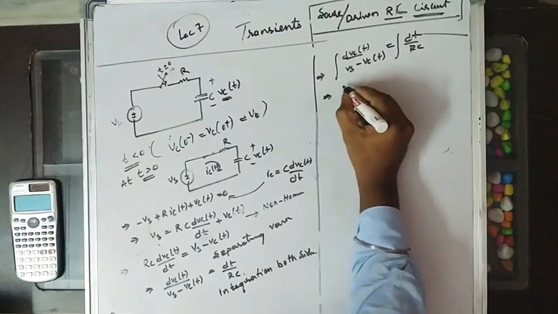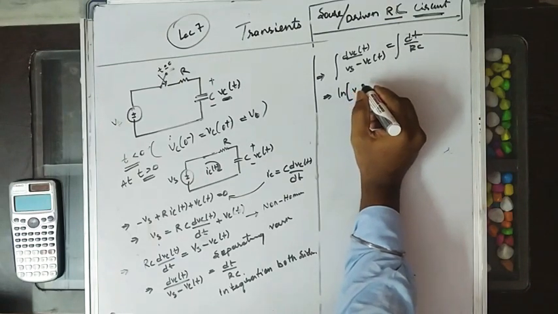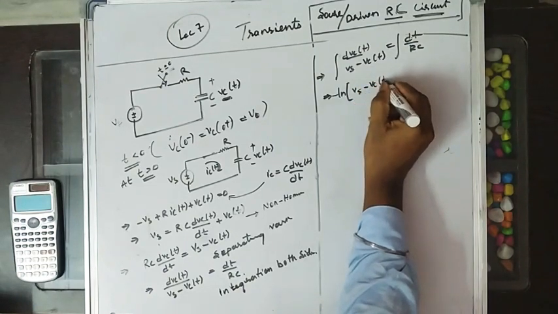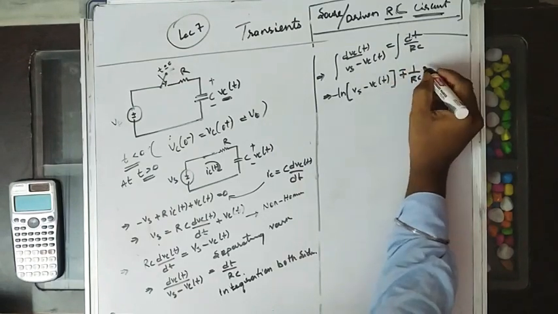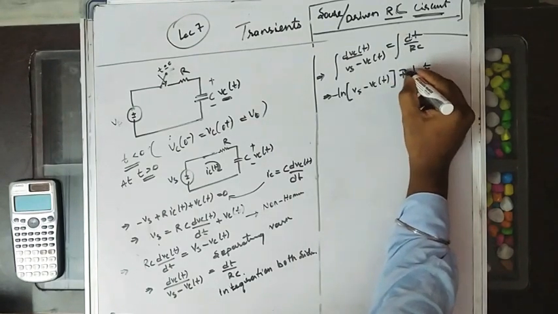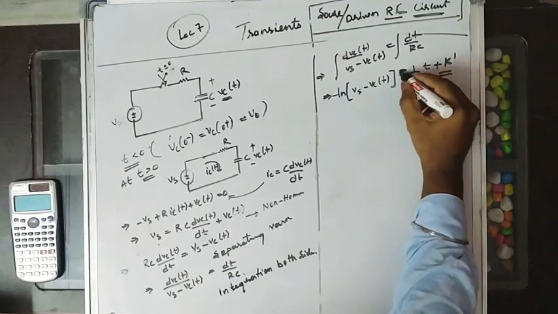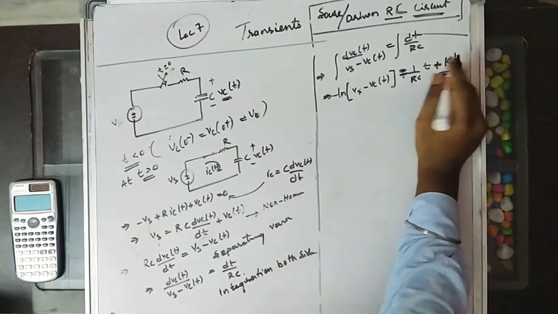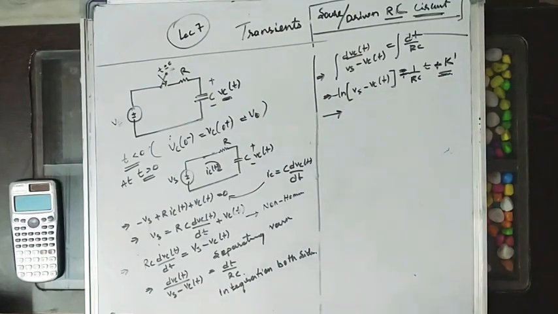After integration, this becomes minus Ln of Vs minus Vc of t equal to 1 by RC times t, plus a constant k1. So to find k1, we have to substitute t equal to 0 in the above condition.